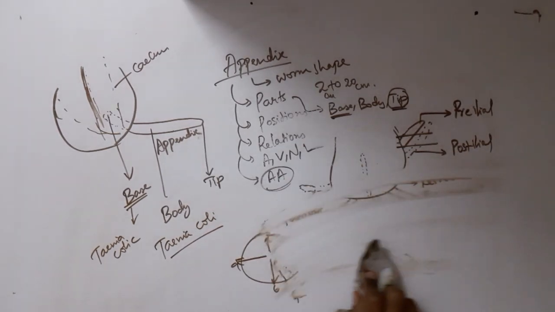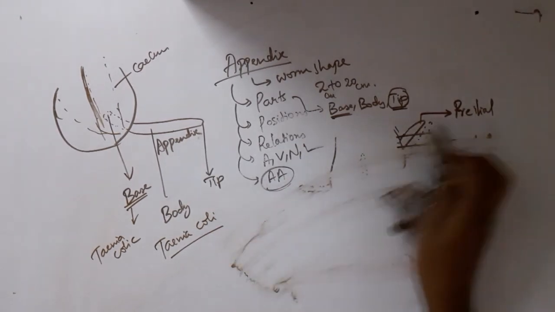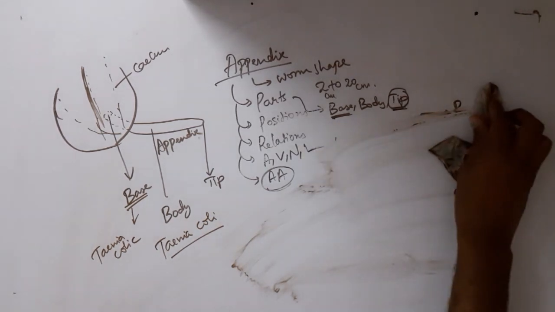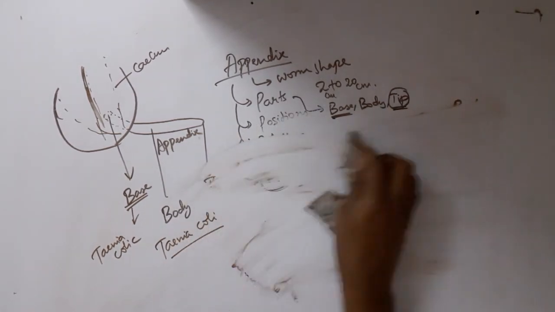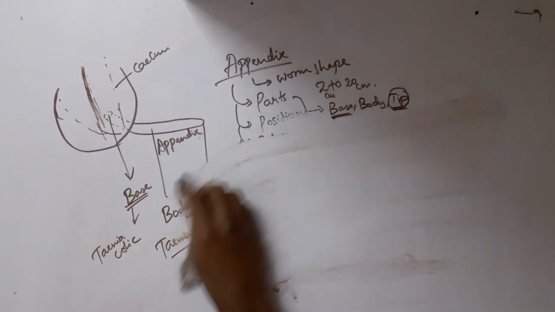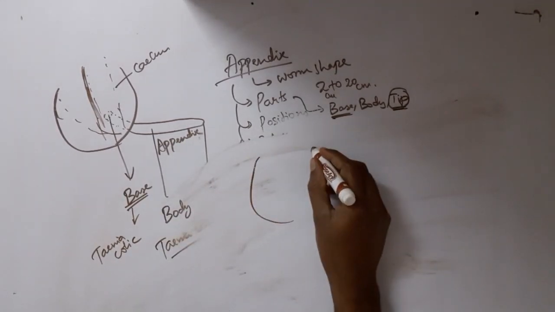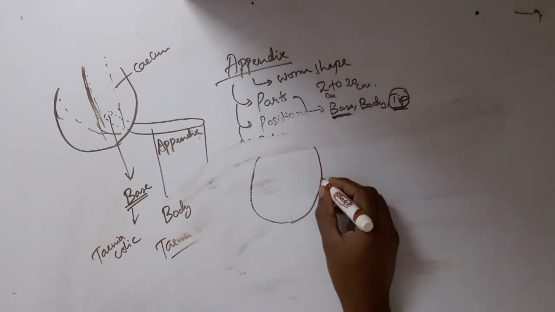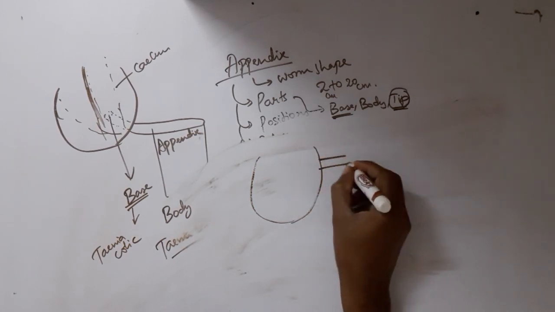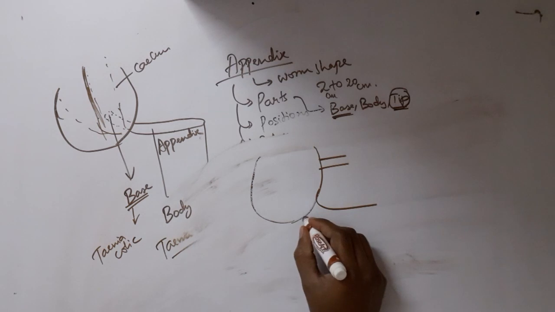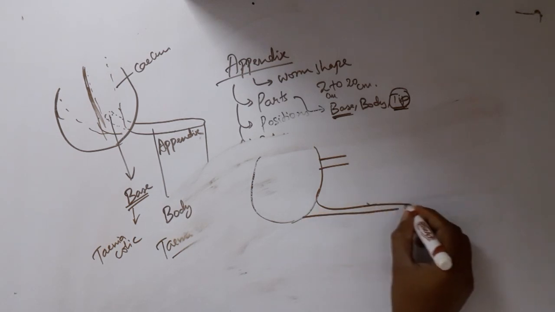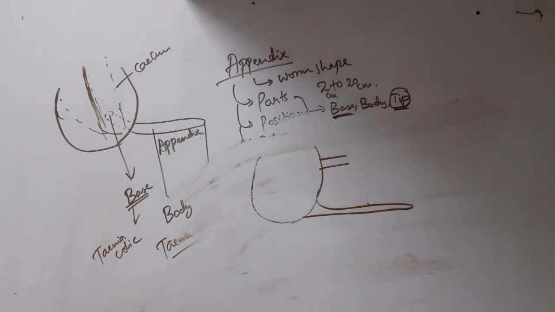Then coming to the relations of this, it is an intraperitoneal organ, so it will have a fold of peritoneum. What is the fold of peritoneum called when it goes to the appendix? We call it the mesoappendix. So this is the cecum, ileum and appendix.